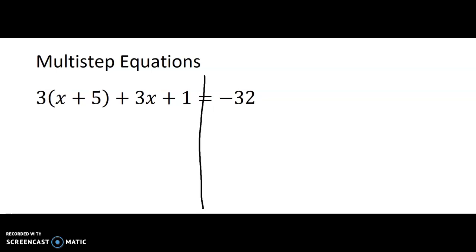My first observation is the left side needs simplifying. And by that, let's see what we can do. We can distribute the 3 first because it is multiplication.